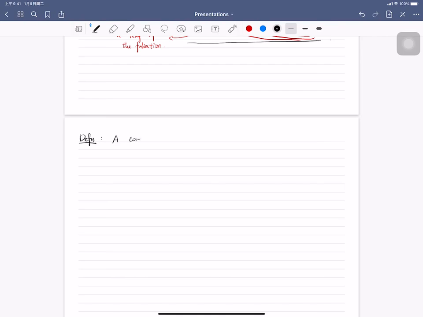Of course, we look at a codimension 1 foliation on a balanced sutured manifold. It is called taut if we have a few conditions.